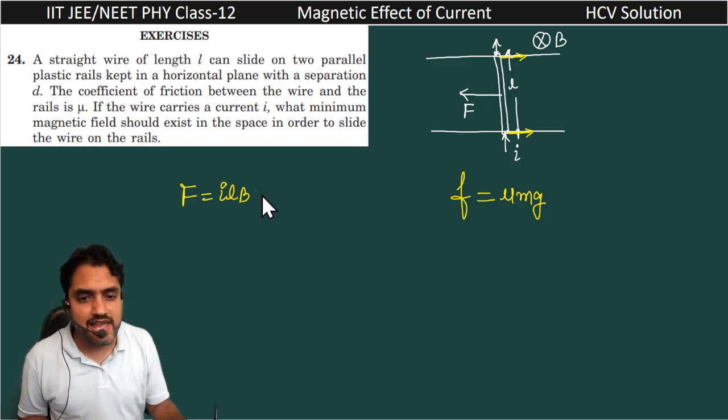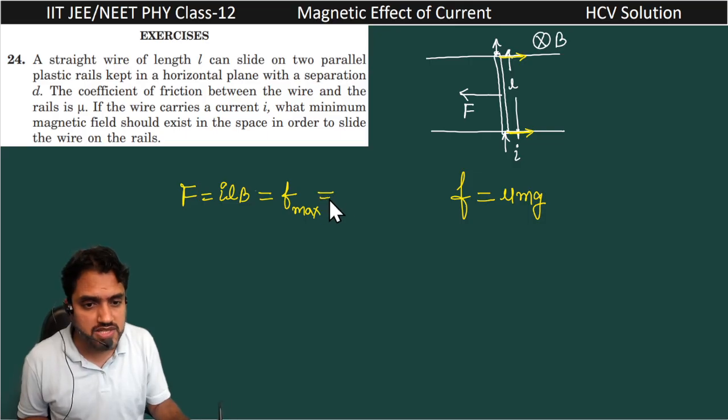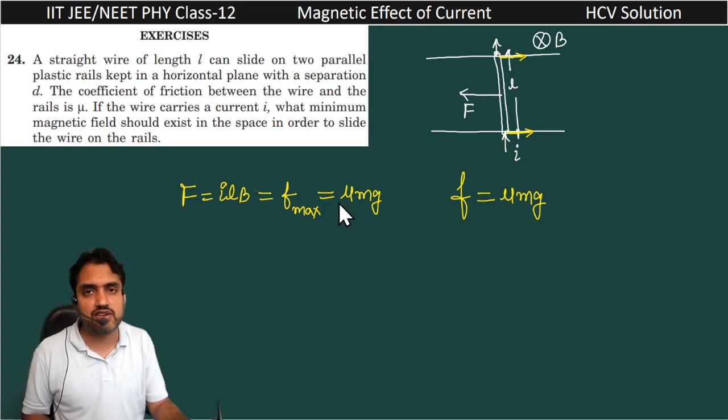So this ILB should be equal to the maximum friction force, that is the limiting friction force, equal to mu into normal reaction, and in this case normal reaction is equal to mg.